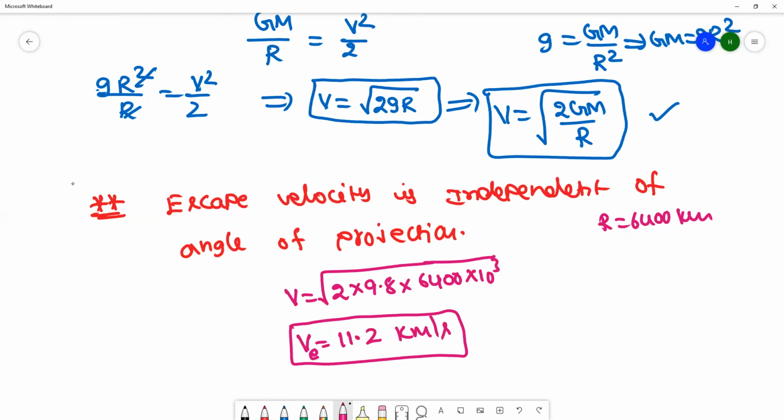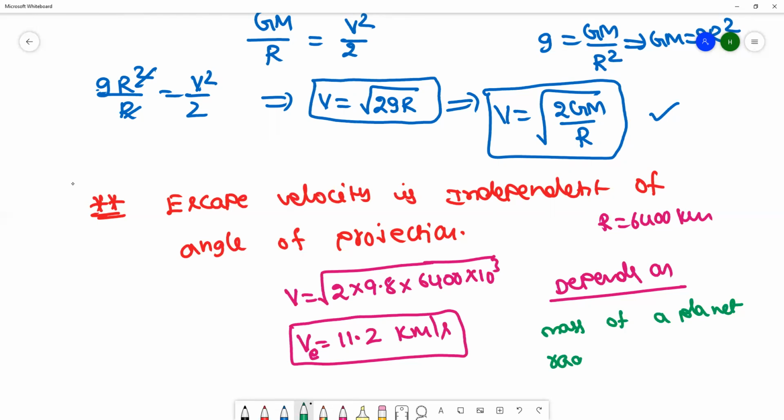I am giving this as Ve, escape velocity. And it depends on the mass of the planet. Remember, it depends on the mass of a planet, and radius, and the height of projection.